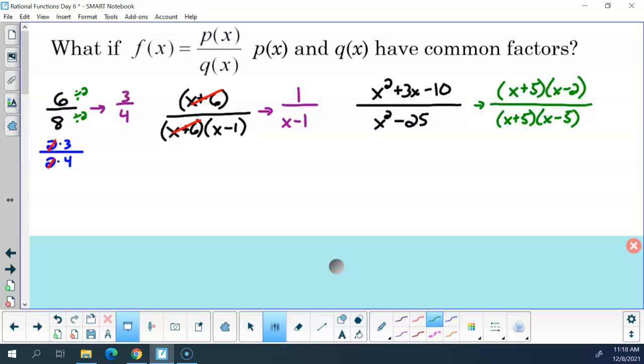Now we can factor out the x plus 5, and that leaves us with x minus 2 over x minus 5. That's what we call good.